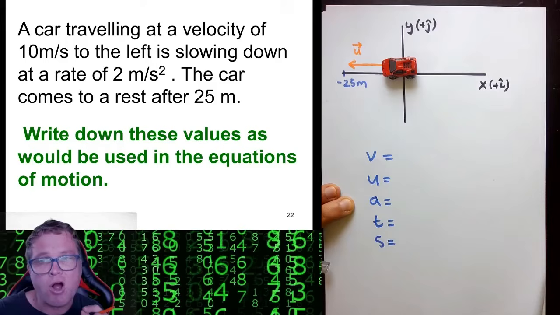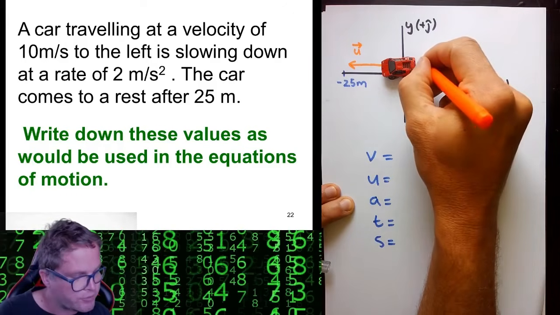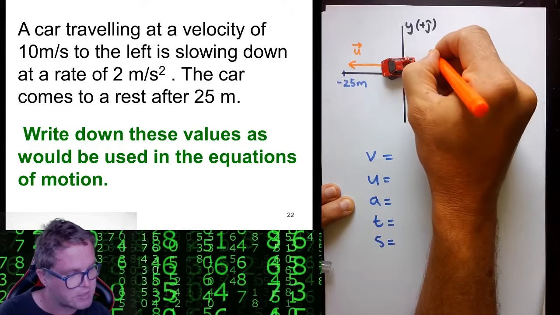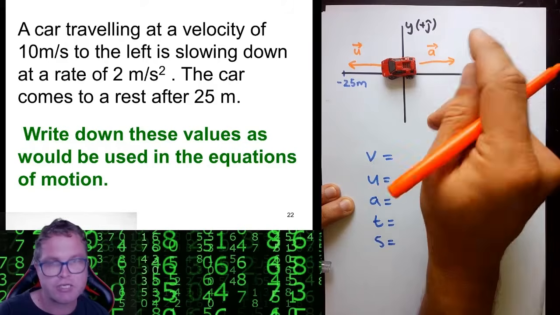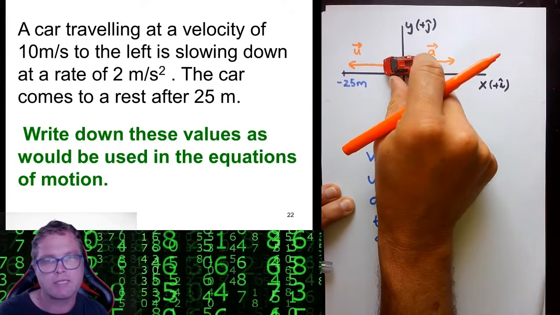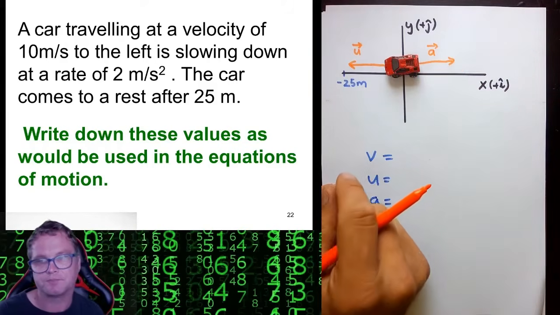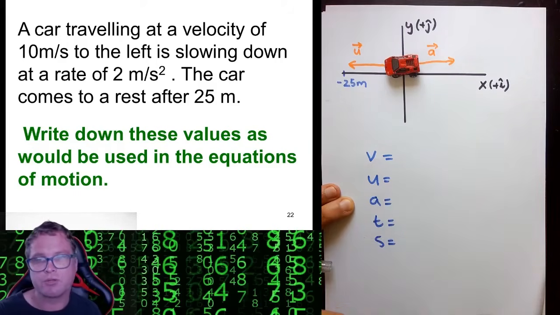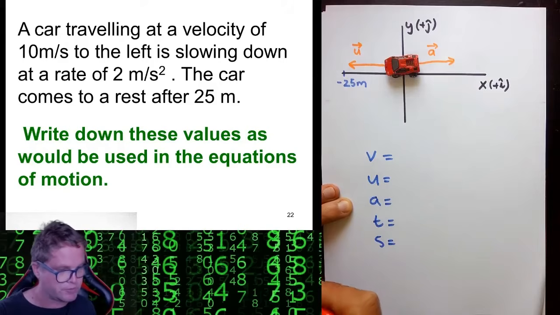But because the car is slowing down in our example, it means the acceleration must be in the opposite direction to the initial velocity. So for us, the acceleration is going to be a vector pointing in the opposite direction.